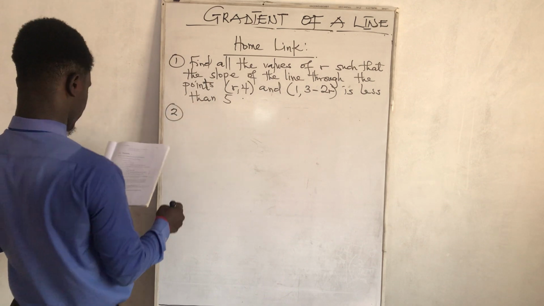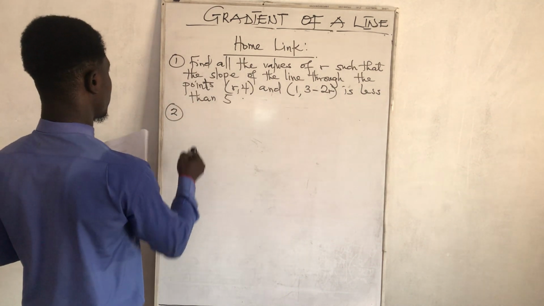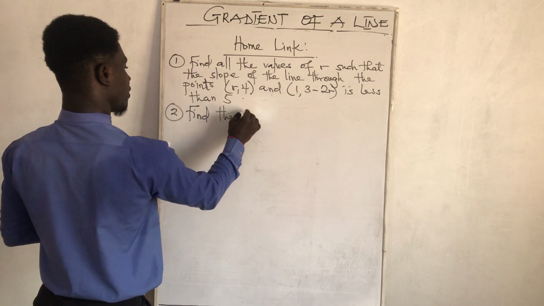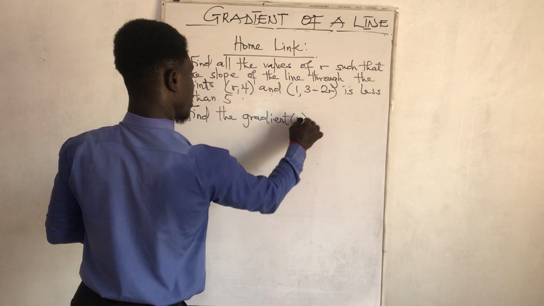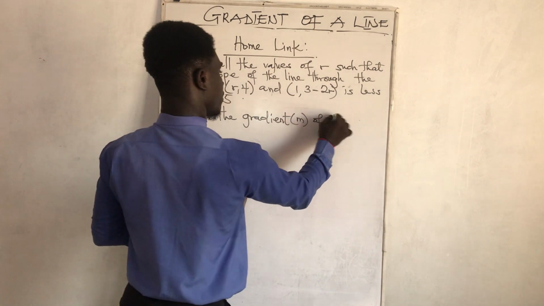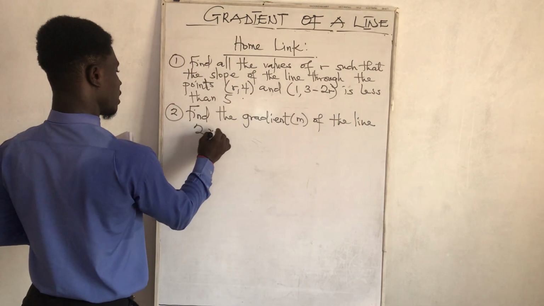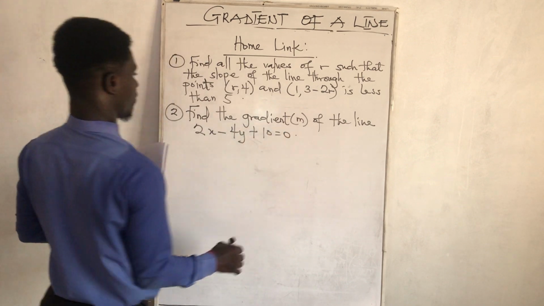Then 2. Find the gradient m of the line 2x minus 4y plus 10 equals 0.